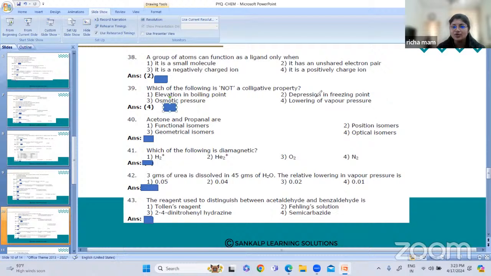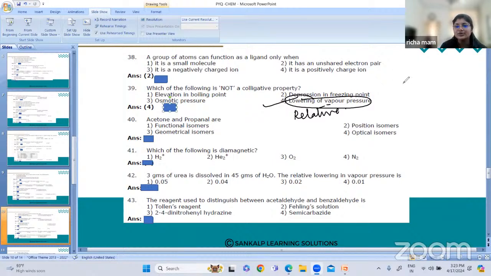Here they have given lowering of vapor pressure. Relative lowering of vapor pressure is a colligative property, but lowering of vapor pressure is not. So option number 4 is correct. Yes, Vedvati has answered it. Very good.